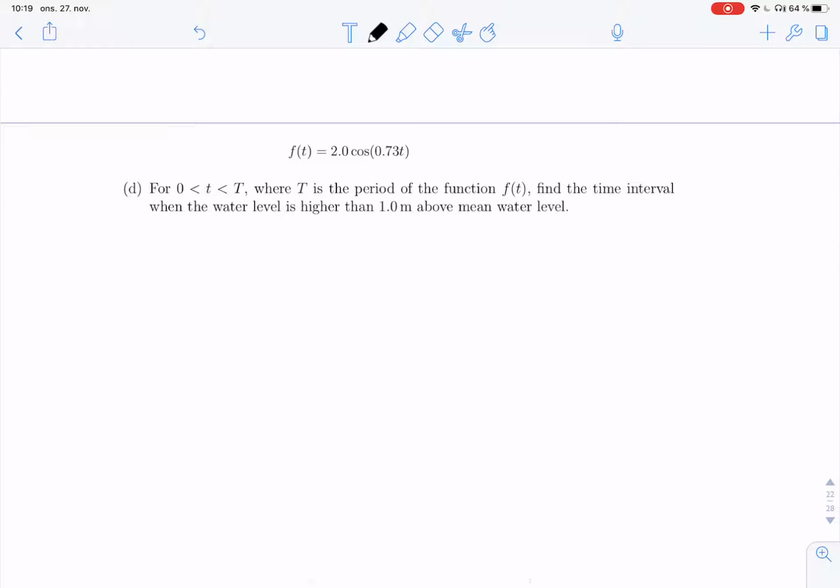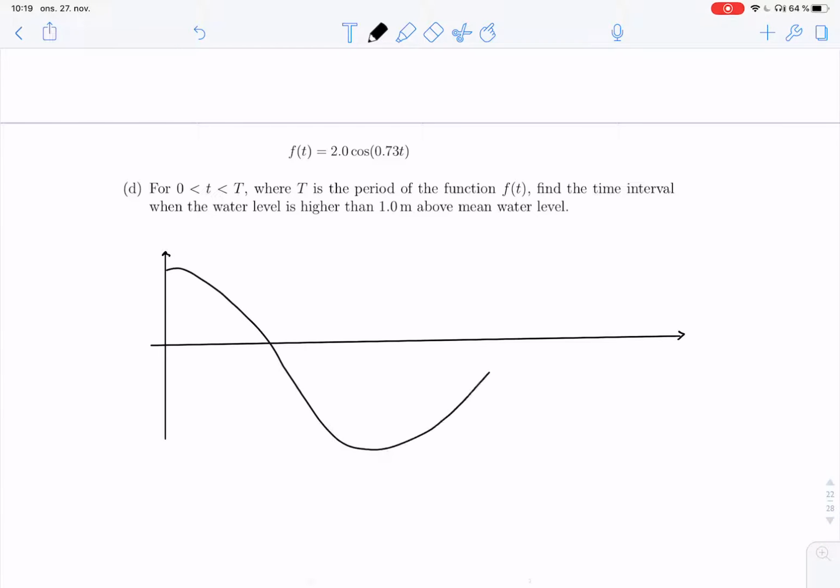Find the time interval when the water level is higher than 1 meter above mean level. So let's just make a sketch here. This doesn't have to be accurate at all, but just so we have something to work on. So this would be our period, and this would be our graph.